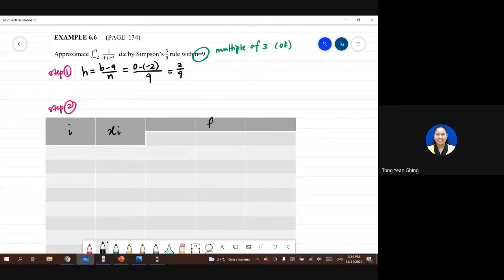So untuk F, XI, saya akan pecahkan kepada one is F naught and one is Fn. Macam tadi. Cuma here, I will put this one is yang bukan triple and this is triple number. That means multiple of 3.